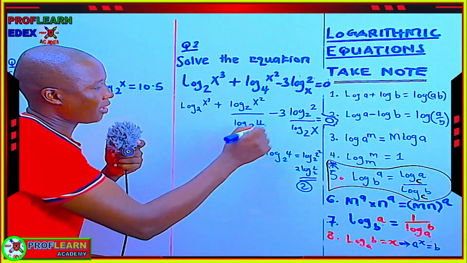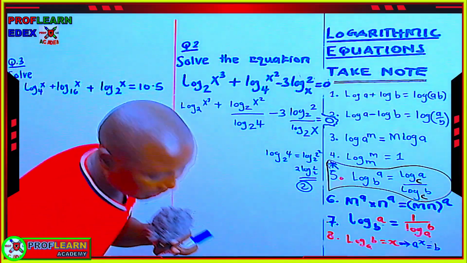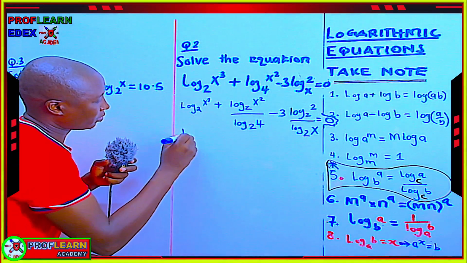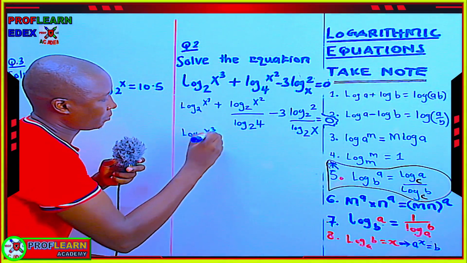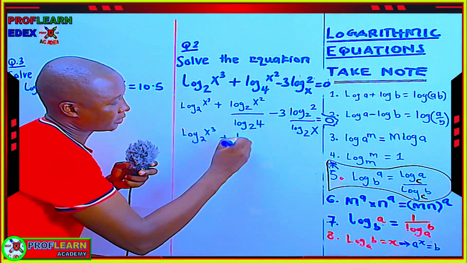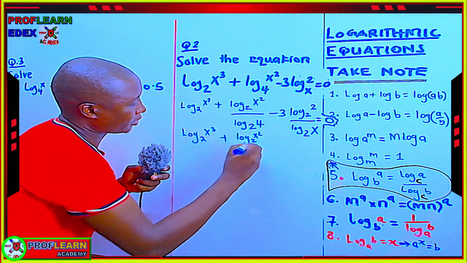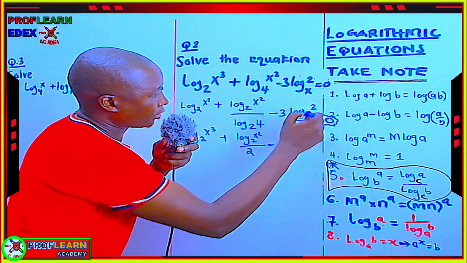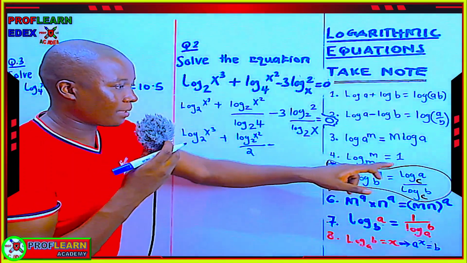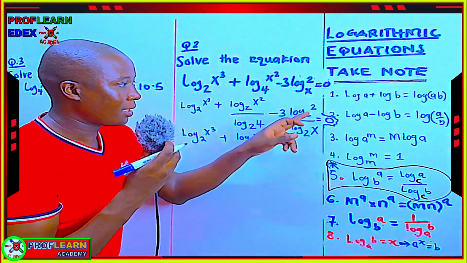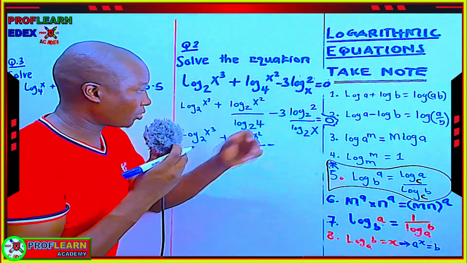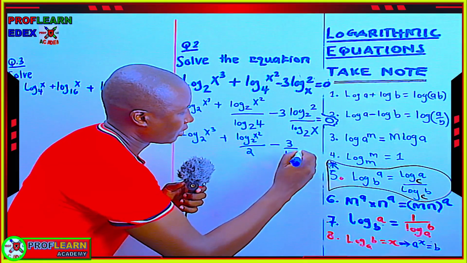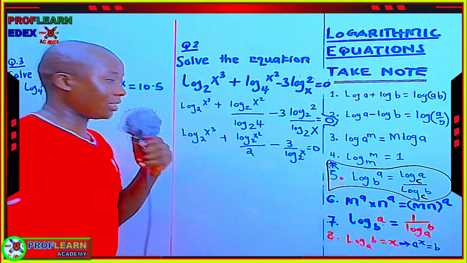So this part can be replaced with 2, and our expression is going to reduce to log x cubed base 2 plus log x squared base 2 over 2 minus, and this one log 2 base 2, when you have log m base m, the answer is 1. When the base and the number in the log are the same, you say 1. So this is going to reduce to minus 3 over log x base 2, and everything is equal to 0.